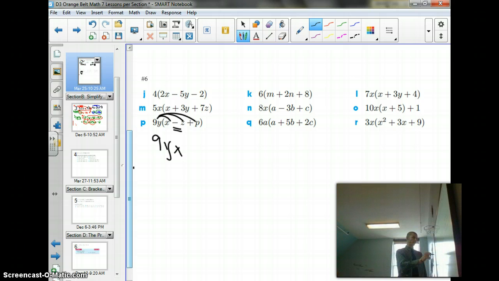We add the opposite because we want to make sure that we know that that's a negative z. Okay, I know you can't really see it. I didn't really do it that well there. But it's negative z. So 9y times negative z plus 9yz, but more importantly, it's negative because we have the negative z there. And 9y times p is just 9yp. Okay? So those questions I weren't worried too much.